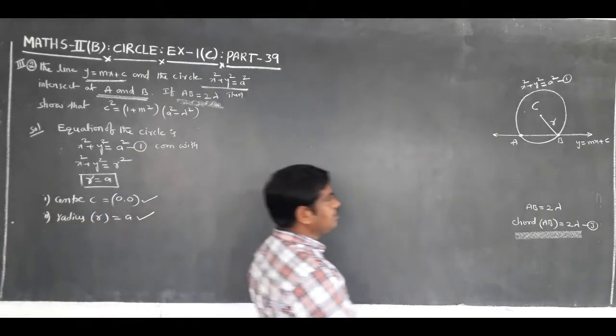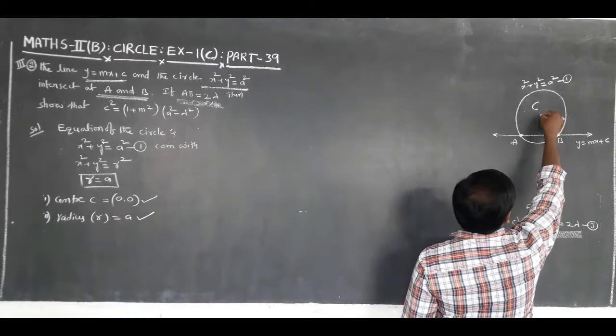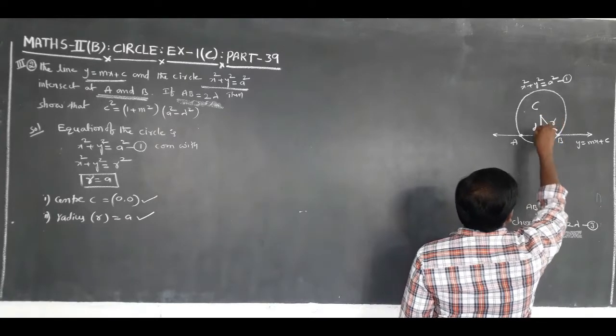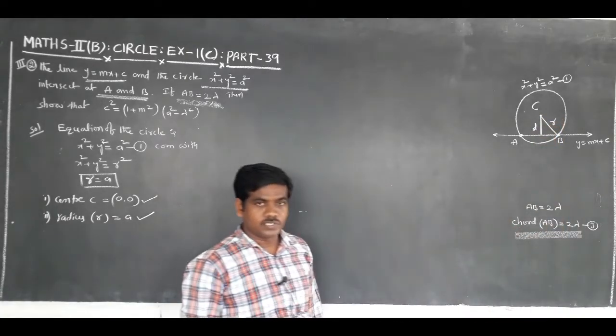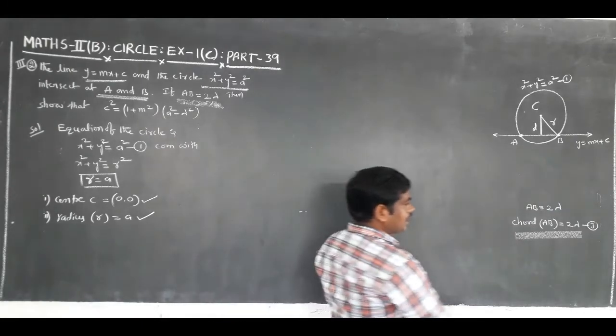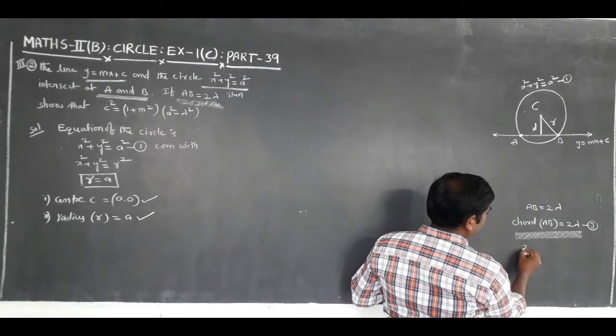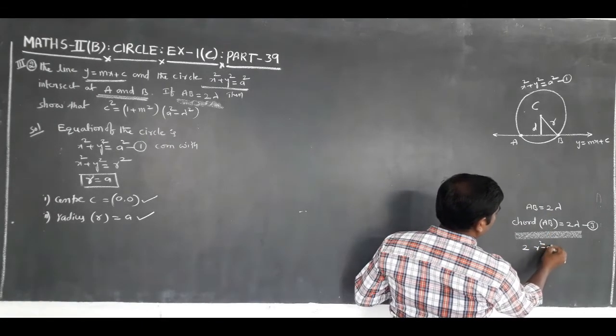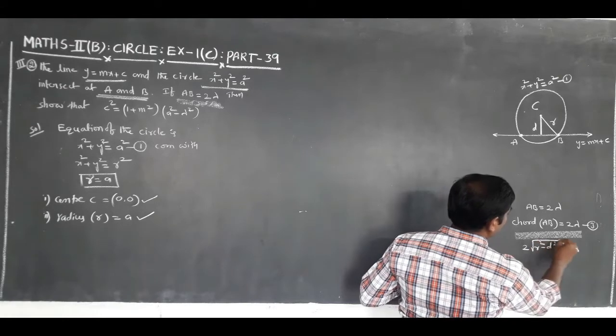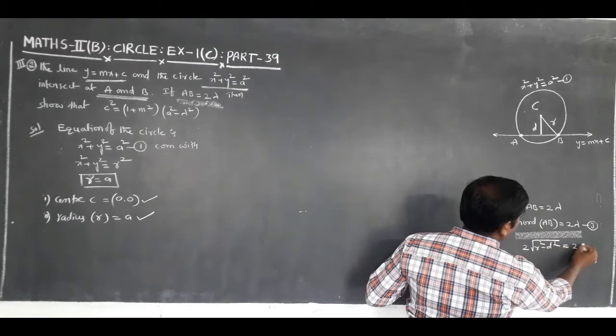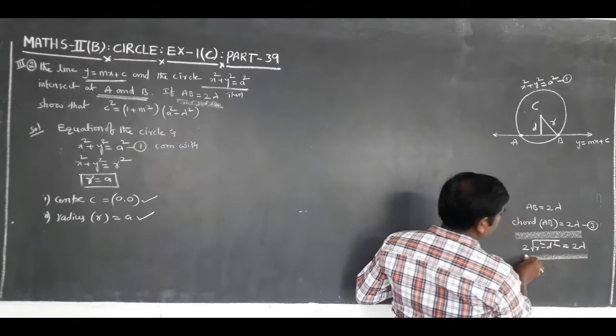Next we find the perpendicular distance from the center to the line. Here the length of the chord is equal to 2 into under root of r square minus d square, equal to 2 lambda.